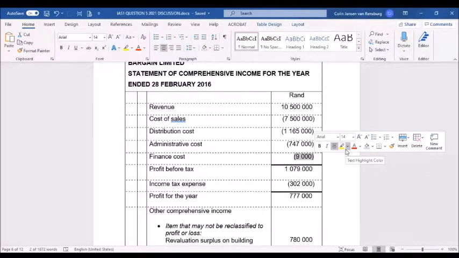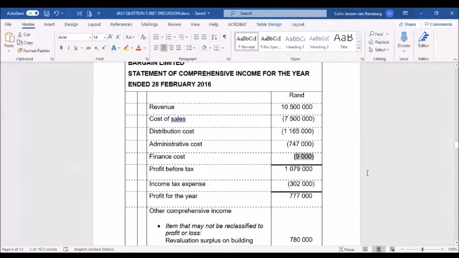Then we get to our first subtotal for this statement of comprehensive income, which means we draw a line. Ladies and gentlemen, don't be lazy to draw a line, right? I know in an online test you're not going to be drawing a line, but for the future when you are practicing accountancy, okay? So you draw a line there to indicate a subtotal. We give that subtotal a name, and that name is profit before tax.